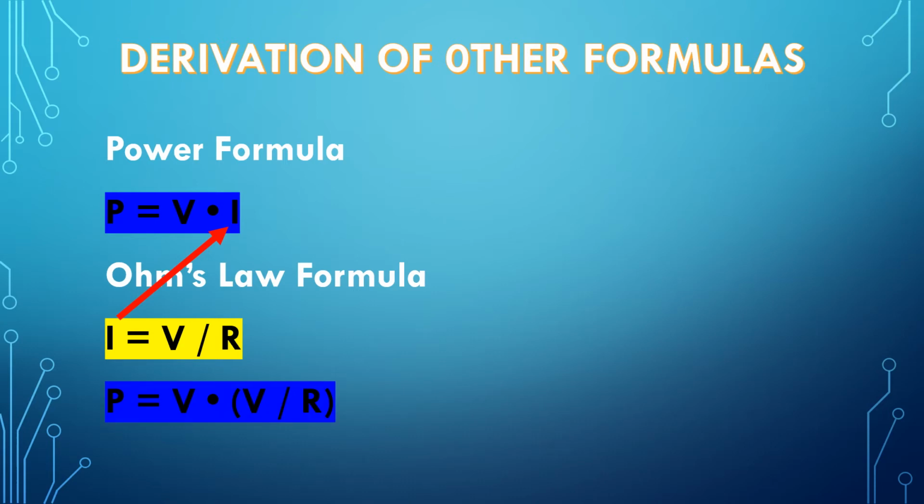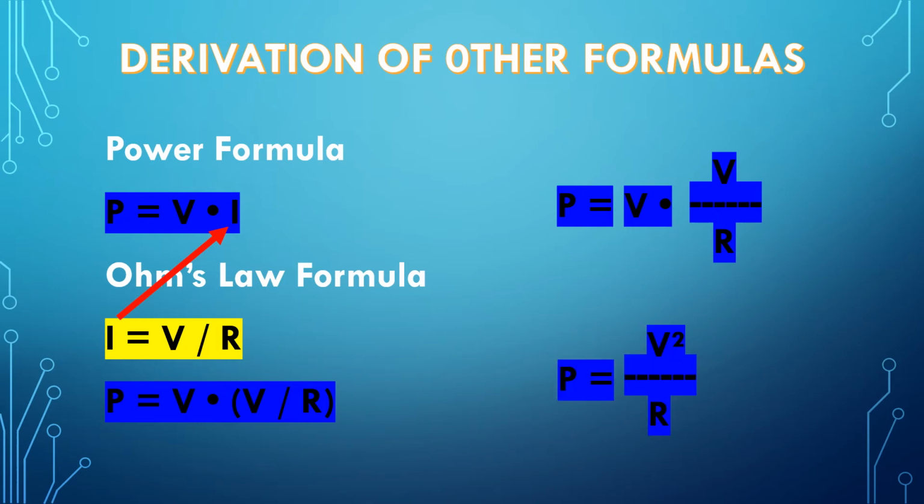This will give us power is equal to V times the quantity V over R. So to write it properly, it is P is equal to V times V over R, or multiplying V and V, it comes out V squared. So now it is P is equal to V squared over R. This term now is our formula number 7.